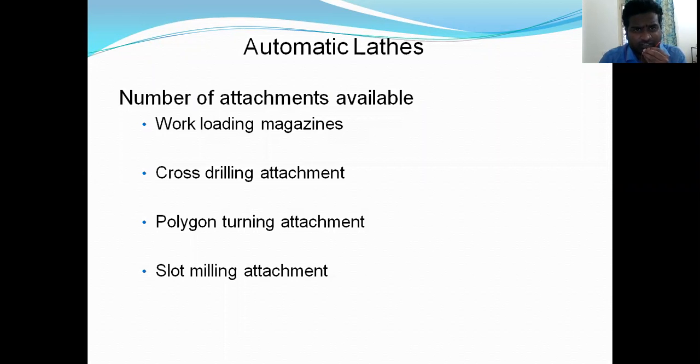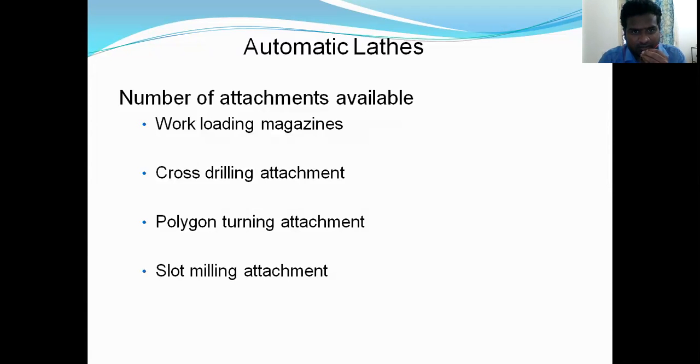These attachments we have already discussed. Work loading magazines means loading and unloading of the workpieces is done, and the cross drilling attachment does the drilling operations. Polygon turning attachment means a number of cutting tools are attached on the polygon machine.